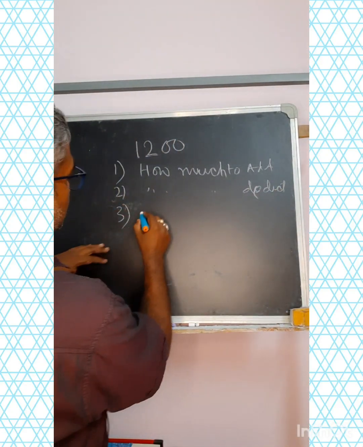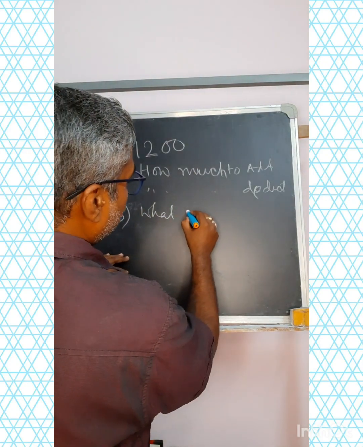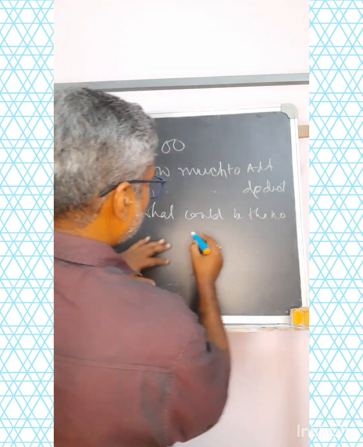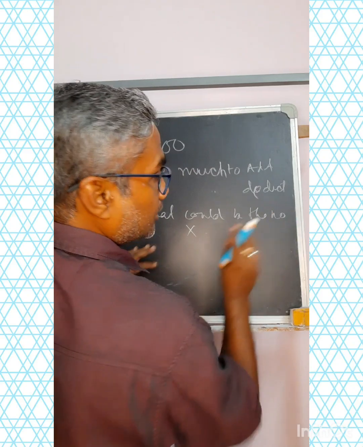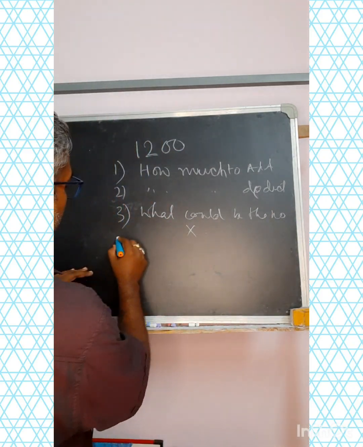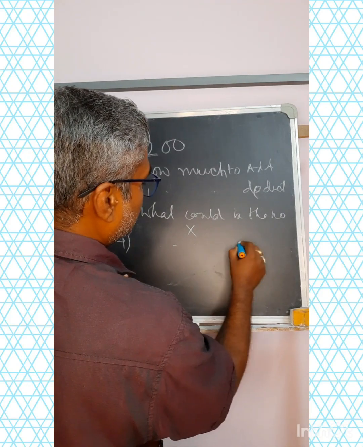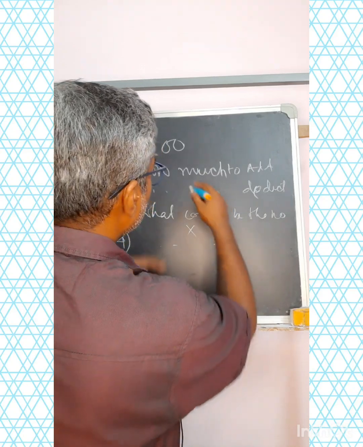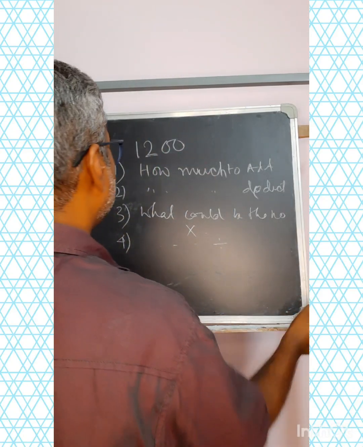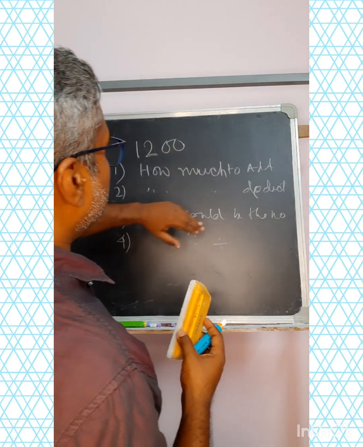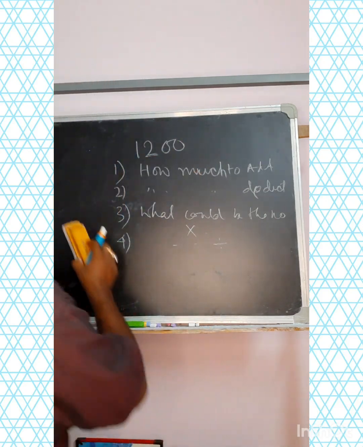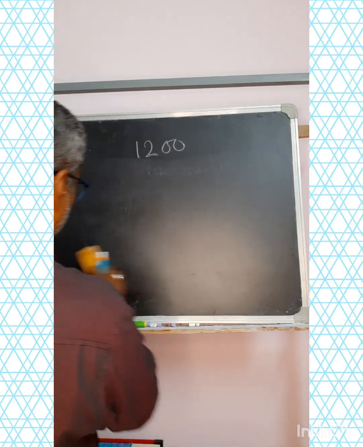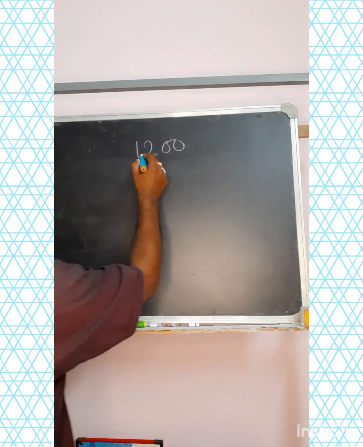Third, what could be the number by which it can be multiplied to get a perfect square, or likewise, what would be the number by which it has to be divided to make it a perfect square. These are the four kinds of questions that may come. I want to show you with a single number example so that everything can be easily understood and applied anywhere. So I am taking this number.